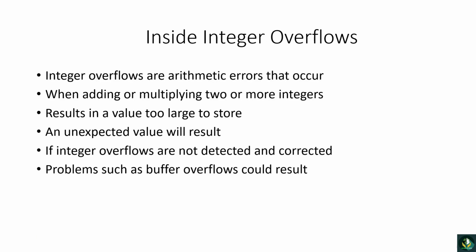Before we finish with the module, we need to cover a type of overflow condition that can occur inside a process and is somewhat related to buffer overflow conditions. Integer overflows are arithmetic errors that occur when adding or multiplying two or more integers results in an integer value that is larger than the storage space allocated to store the value.